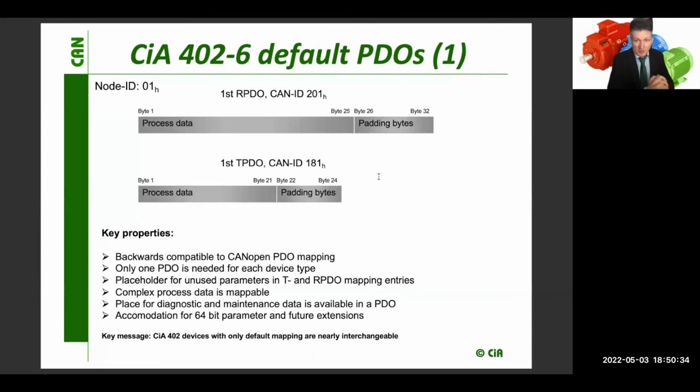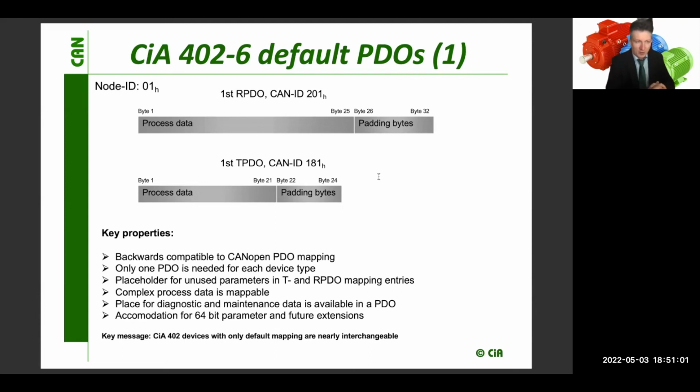Let's check out how it looks. Well, CANopen FT introduces, based on CAN FT, some interesting key features. Apart from the larger payload, you will have an opportunity to reduce the number of PDOs whatsoever.